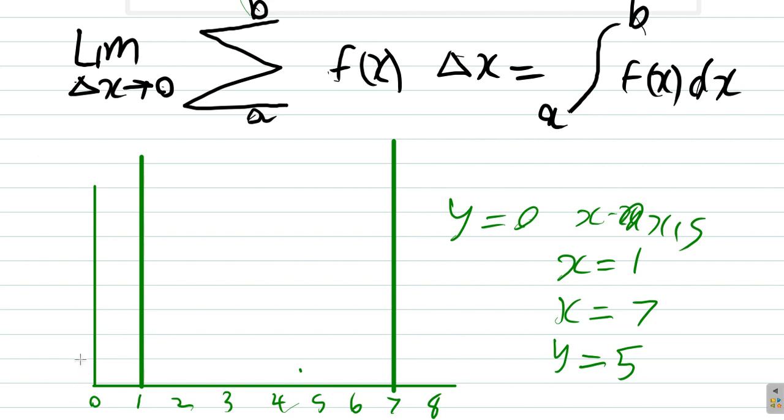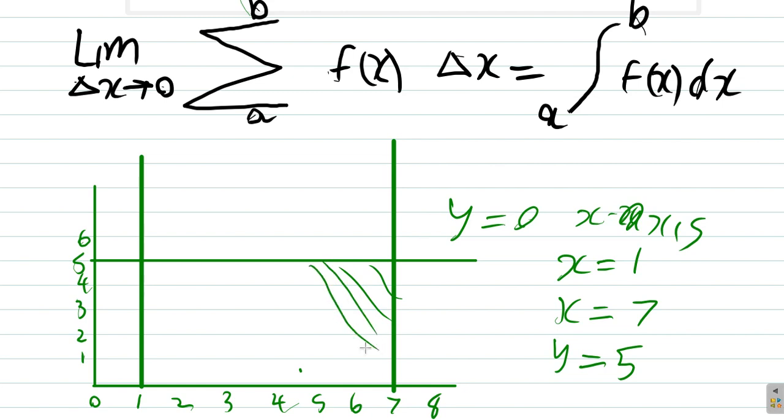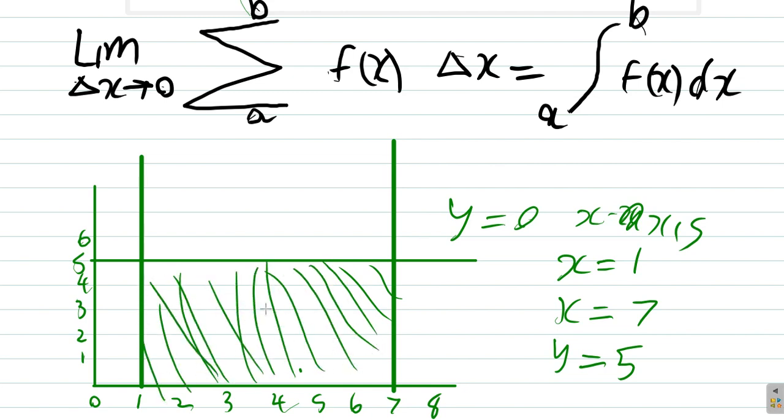Now we put the numbers here, 1, 2, 3, 4, 5, 6, and so on. So the line y equals 5 would be here. And the x-axis, which is the line y equals 0, is, of course, this line. So the area that we're calculating is this region, this area here that is shaded, all right?